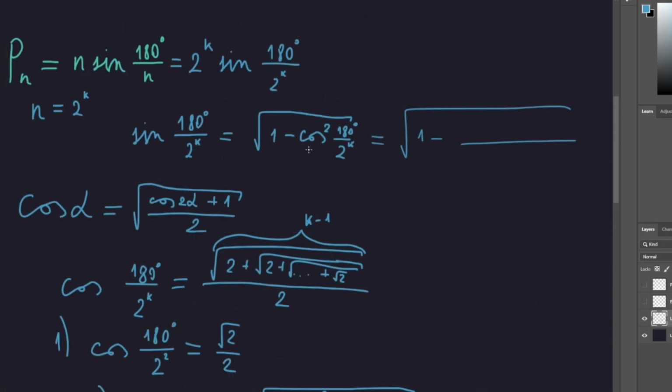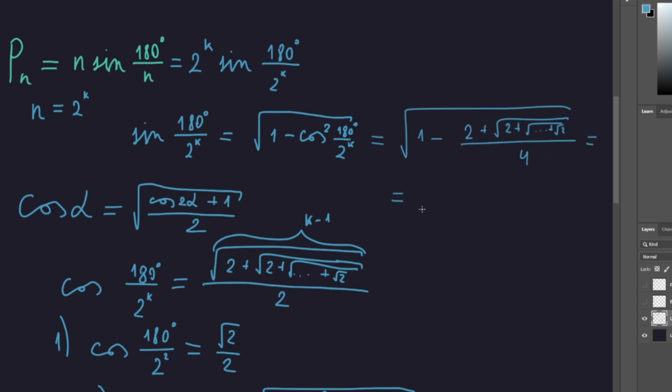So if we put this expression right here into this formula, we'll get something like 2 plus square root of 2 plus square root of and so on plus square root of 2, divided by 4. Remember, cosine here is squared.